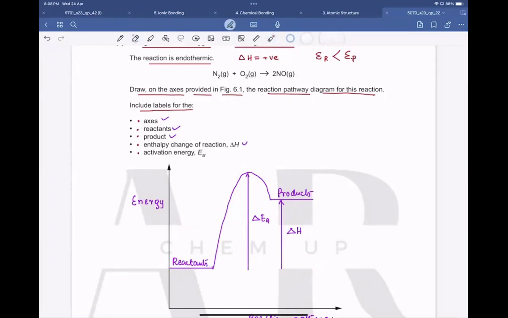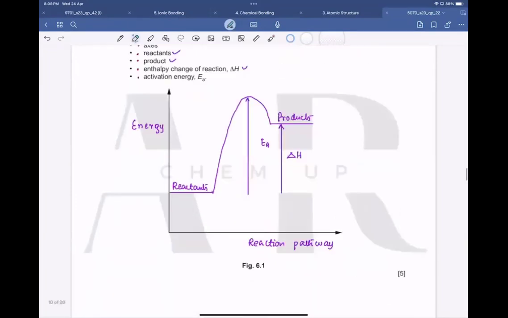No, it's not needed. You can just write EA. There is no need to mention the triangle over here. Yes, Rahim, you can also write the reactants N2 and O2 on the reactant side and at the product side 2 moles of NO.